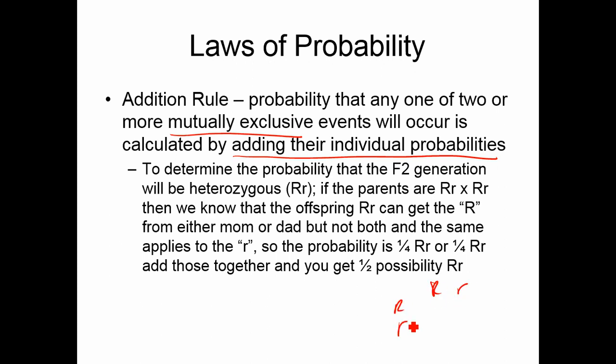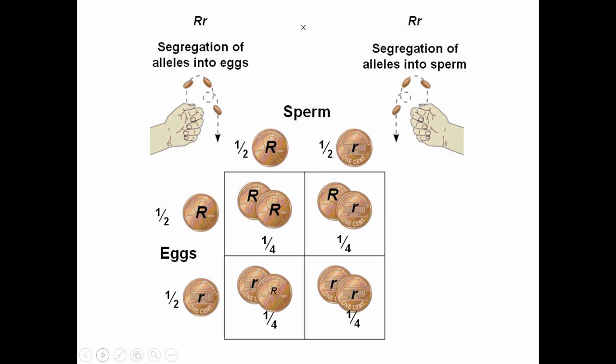You are going to get a 1/4 chance of getting this combination, and a 1/4 chance of this combination. So if you add those 2/4 together, you get a half probability. The hardest thing for students to understand is when to use the multiplication rule and when to use the addition rule. So we'll do lots of practice with that.